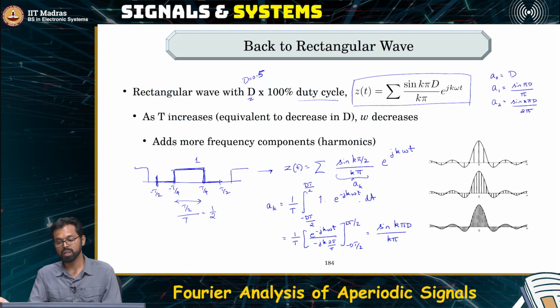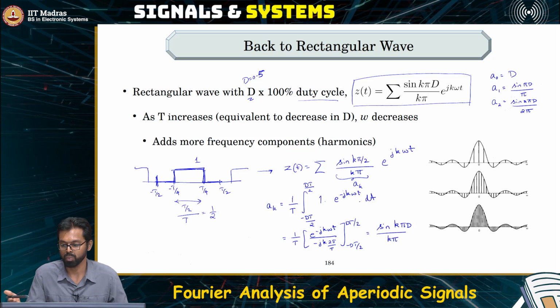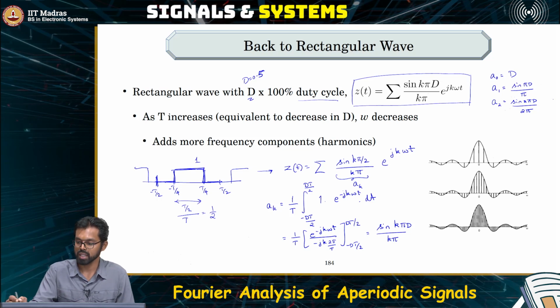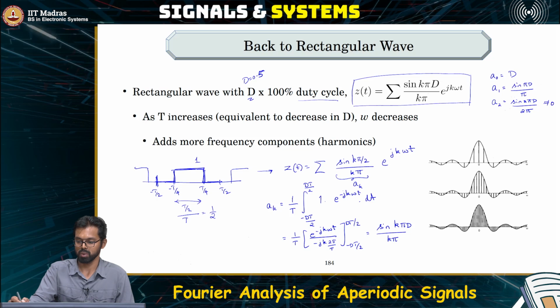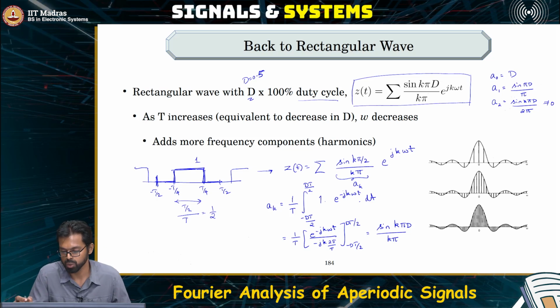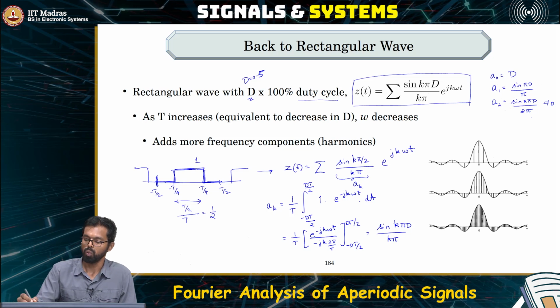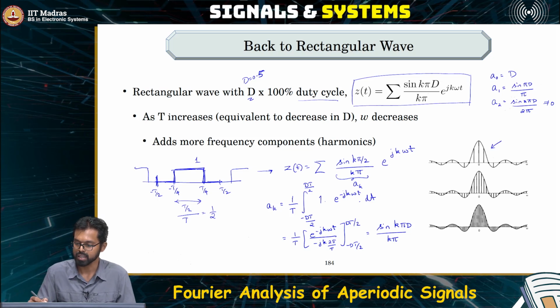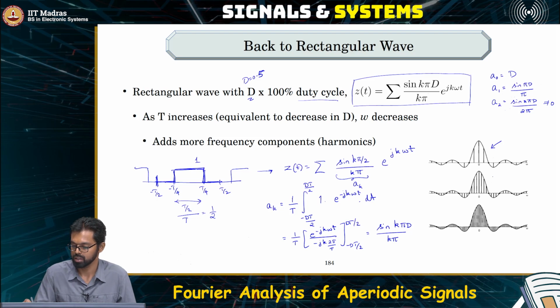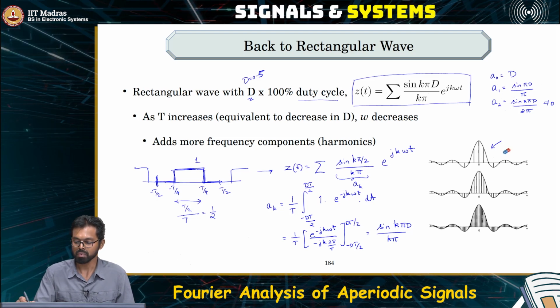Earlier we had A2 equal to 0, that is, when d is equal to 0.5, A2 was 0. But in this case, this need not be equal to 0 all the time. So let's say d was 0.1. Then the numerator becomes sine 0.2 pi, which is not equal to 0. So whatever was a function which looked like this will now start becoming something like this, right?